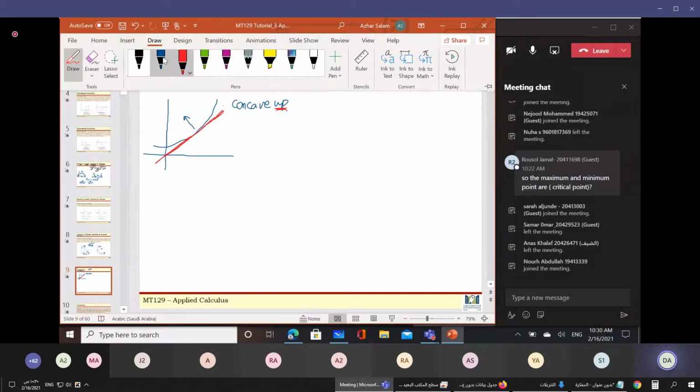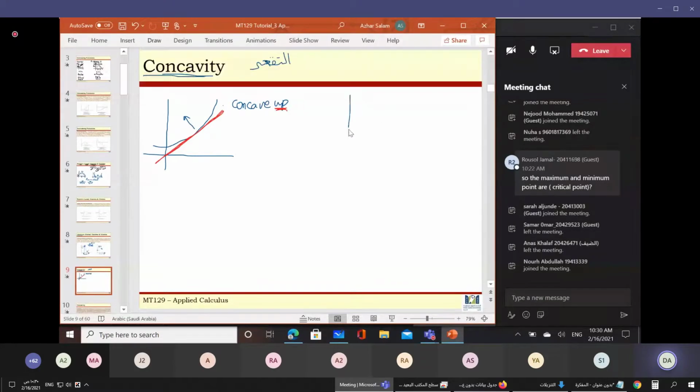But if I draw a function like this, this is also increasing. Notice here, I'm not talking about increasing or decreasing. Both functions here are decreasing. This is not my point.